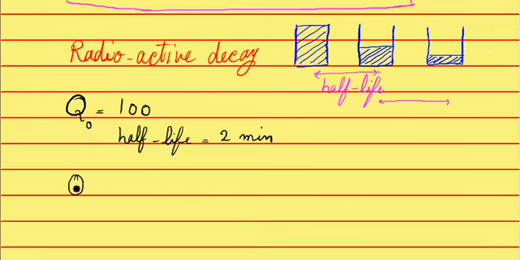So if I come back and look at this after 2 minutes, we might show this as Q at time 2. After 2 minutes, half of this is still there.